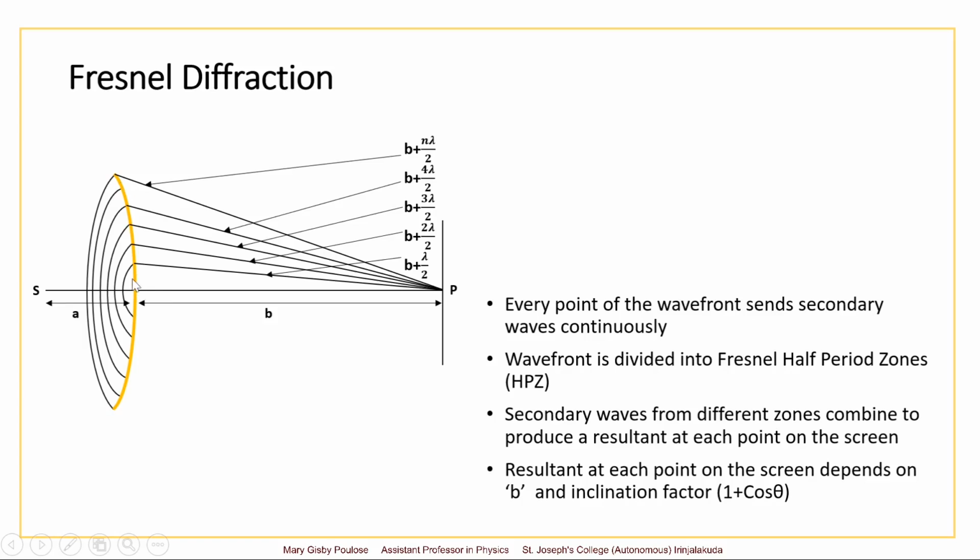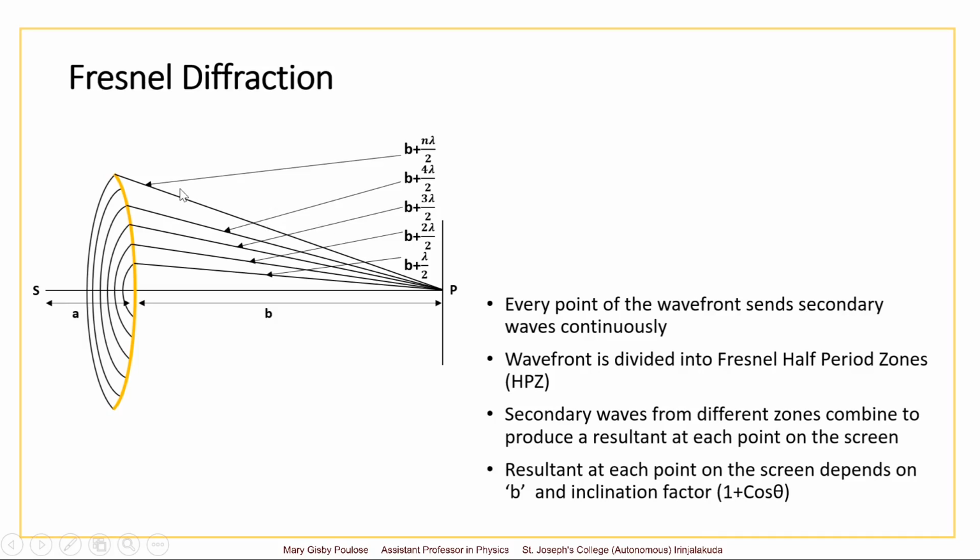So for the first half period zone, if we draw a normal to that zone, the angle between that normal and the optic axis will be 0. So here the inclination factor will be 1 plus cos 0, that is 2. It will be having the maximum value.